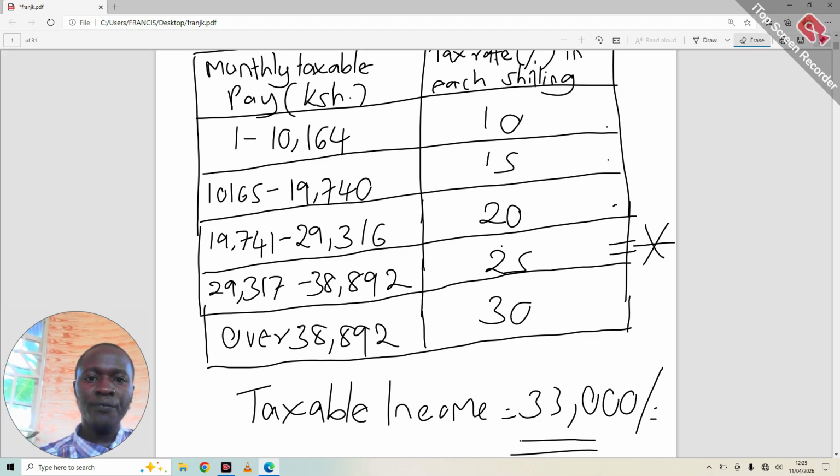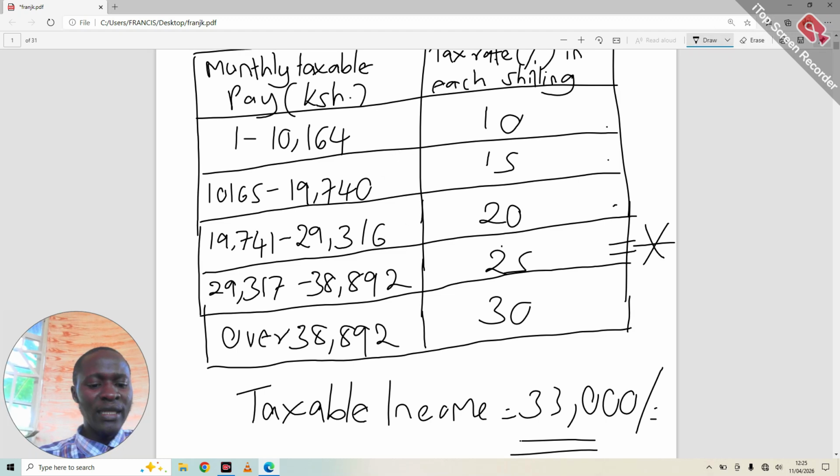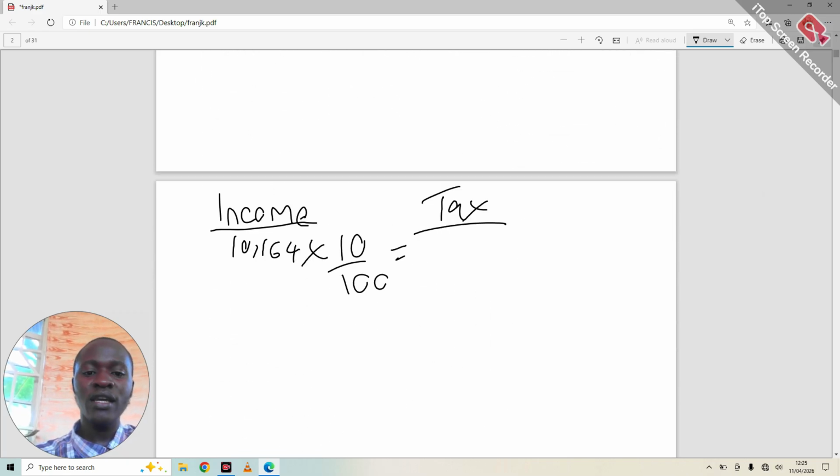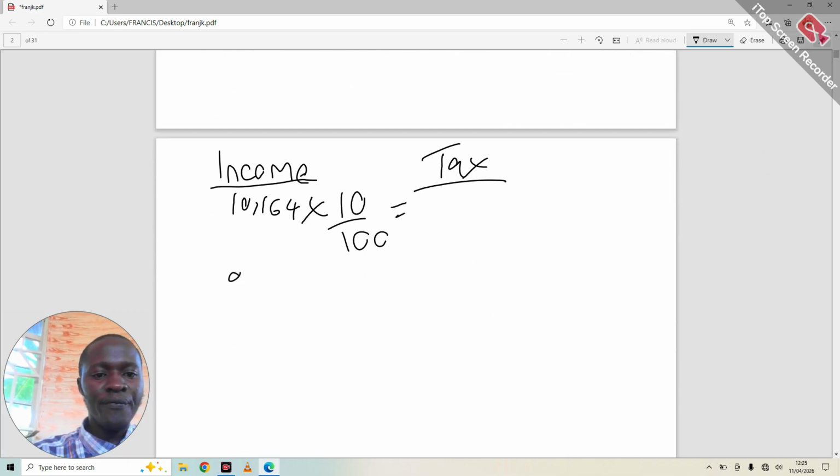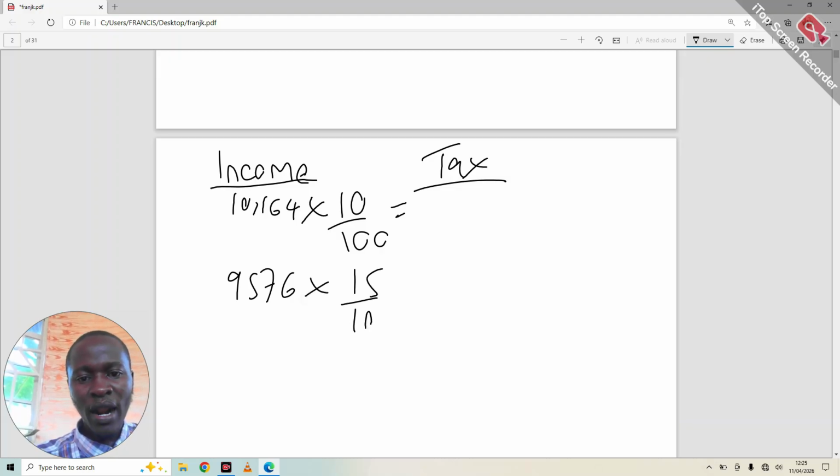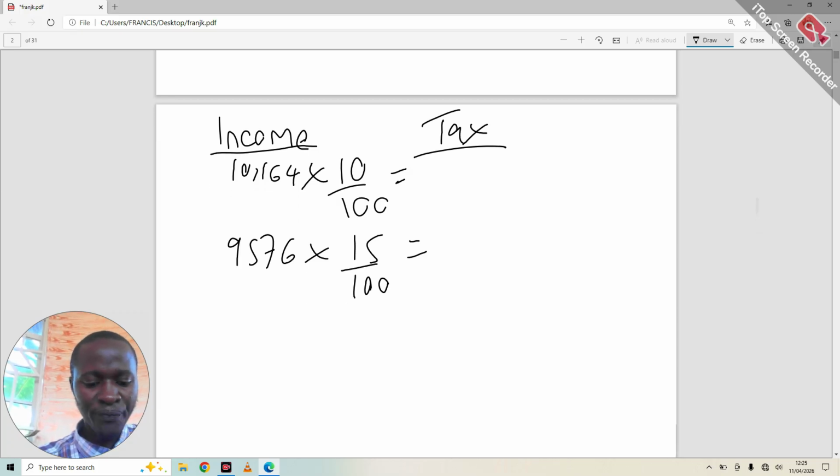Having 19,740 subtract 10,164, you get 9,576. You multiply by the rate that is there, that is 15 all over 100. You shall get the answer.